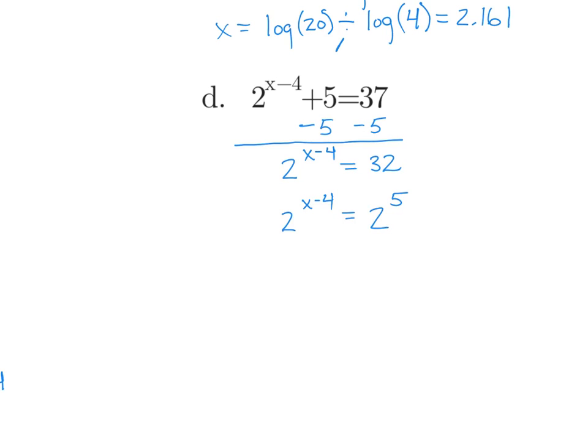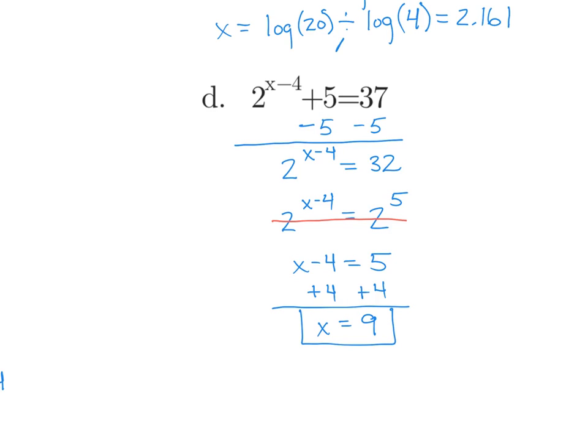As our bases are the same, we can cancel them. We are left with x minus 4 equals 5. And in order to finish solving this, we want to add 4 to both sides. We get x equals 9. And we're done.